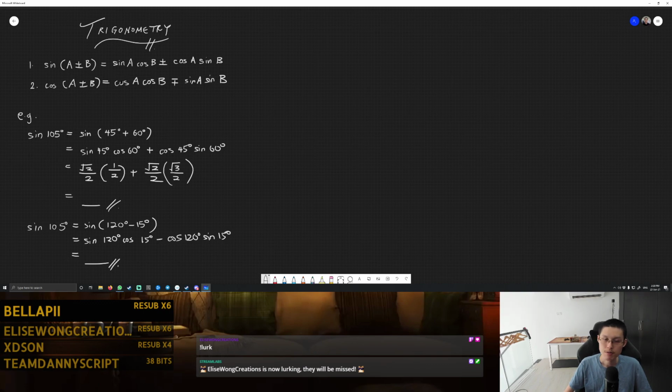Suppose we have two right angle triangles. The proof for this is actually a geometrical proof. You have to put two right angle triangles and stack them onto each other.